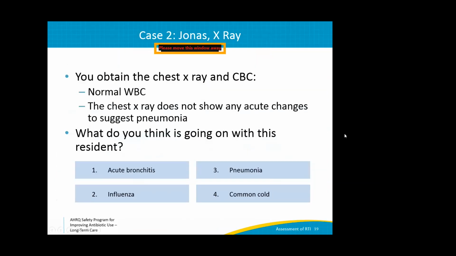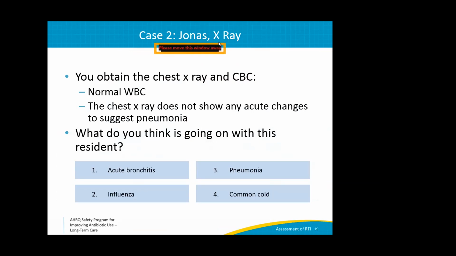So in this case, we get a chest x-ray and a CBC for Jonas, and we find that he has a normal white blood cell count, and his chest x-ray doesn't show any acute changes that would fit with pneumonia.